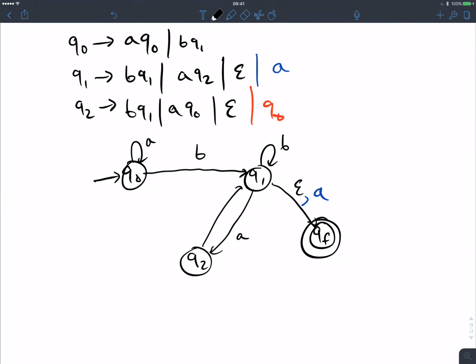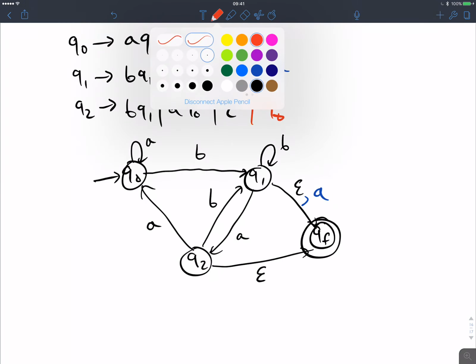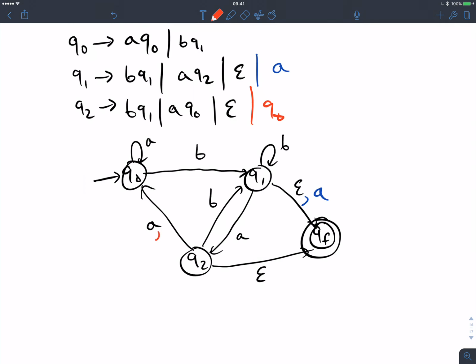Q2 goes to Q1 on B, goes to Q0 on A, and epsilon goes over to QF like before, and in red it goes to Q0 on epsilon. So it's almost exactly the same process but reversed, but we need that extra final state because we need a way for the variable to disappear. So, other questions?